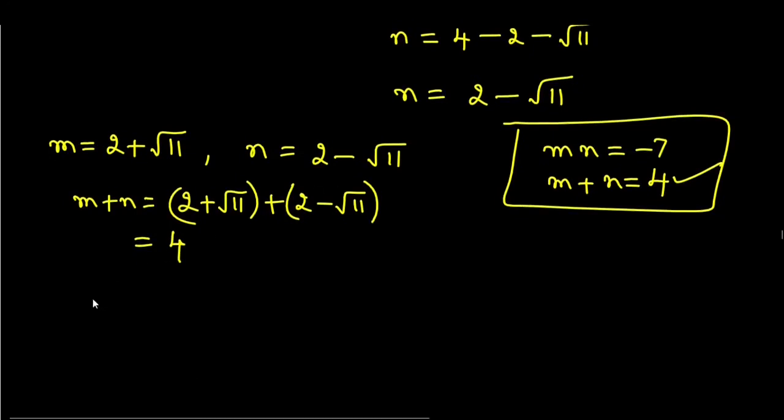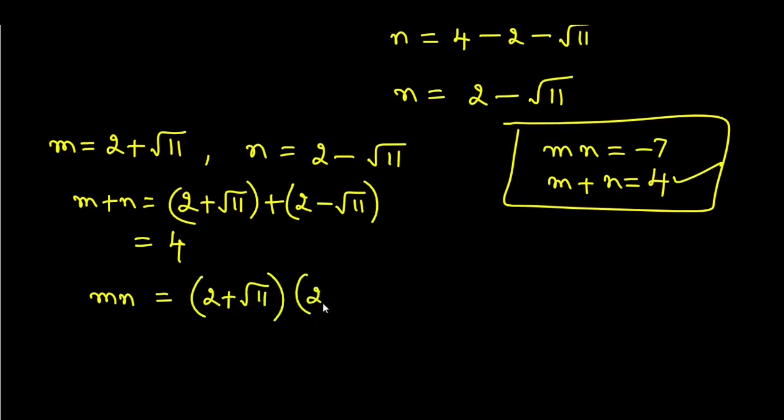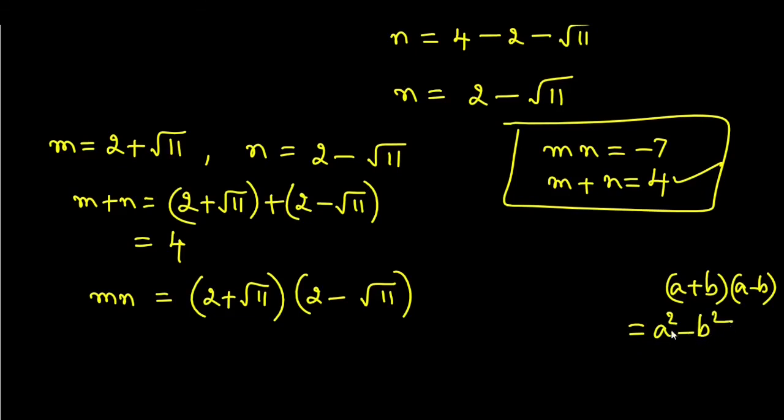Now what about m into n? m into n is 2 plus root 11 into 2 minus root 11. This is in the form (a plus b) into (a minus b), so we get a square minus b square. Here it becomes 2 square minus root 11 whole square.